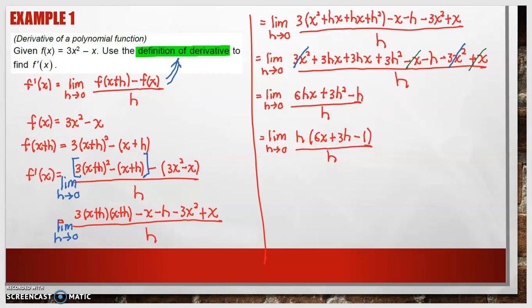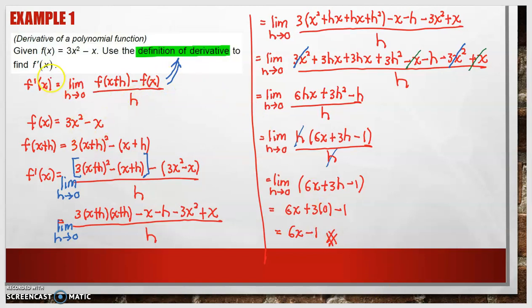Then I can simplify: h cancels out with h. What I have here is the limit as h approaches 0 of 6x plus 3h minus 1. Finally, I substitute h with the value of 0. So 6x plus 3 times 0 minus 1, which is 6x minus 1.